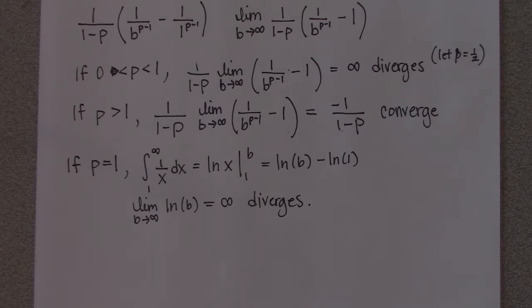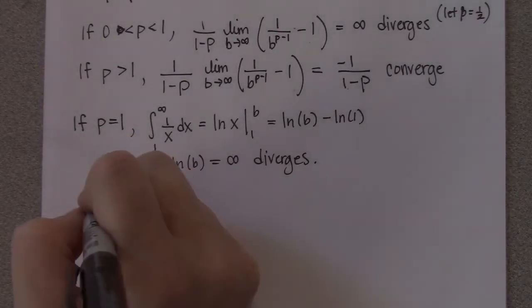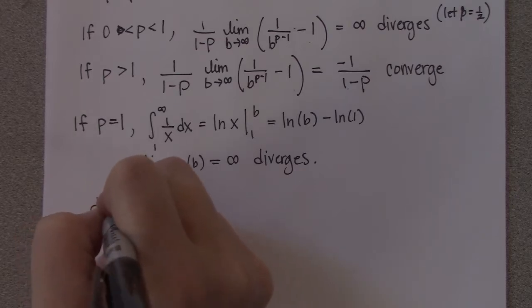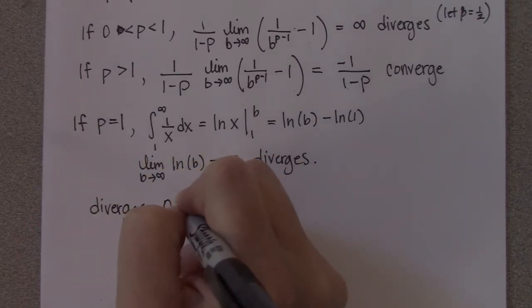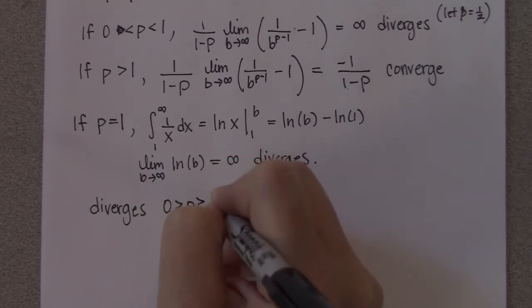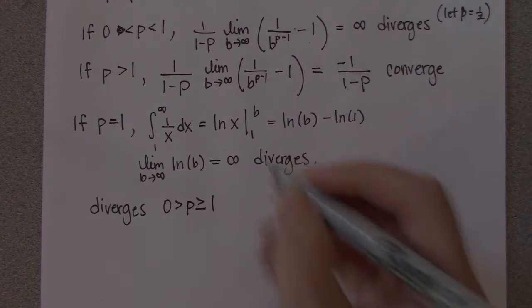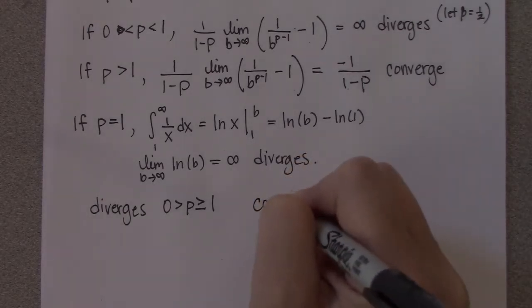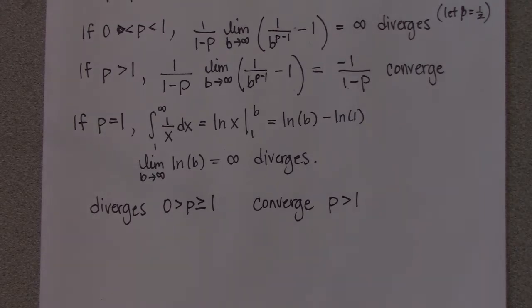So what we can see here, in conclusion, is they're always going to diverge if p is greater than 0 up to being equal to 1. They converge when p is greater than 1.